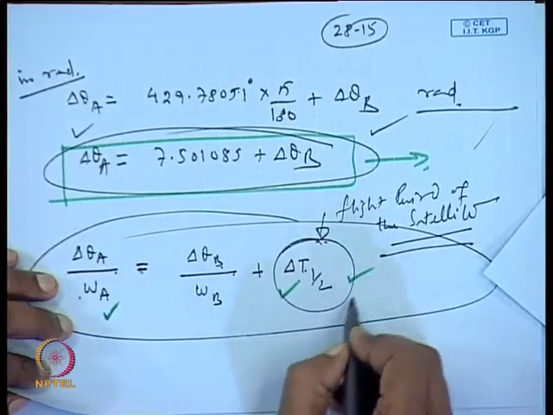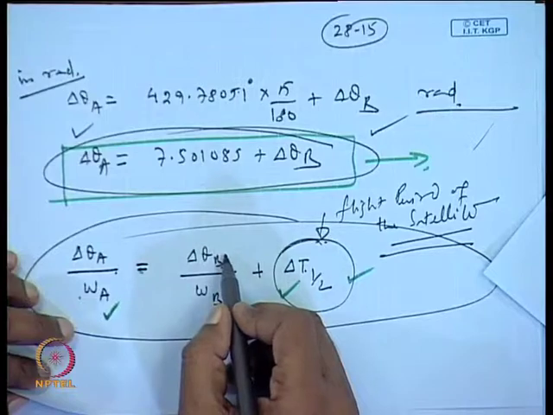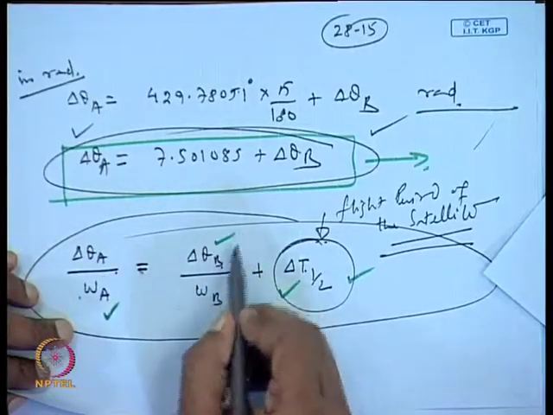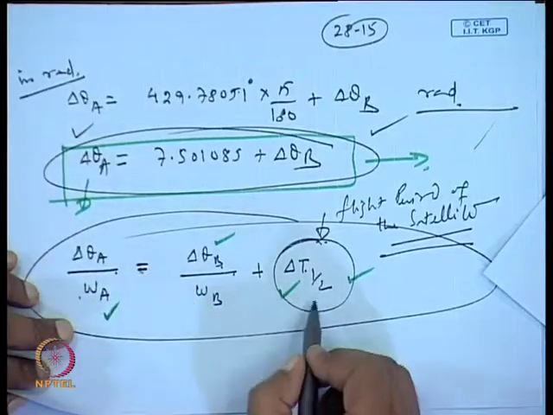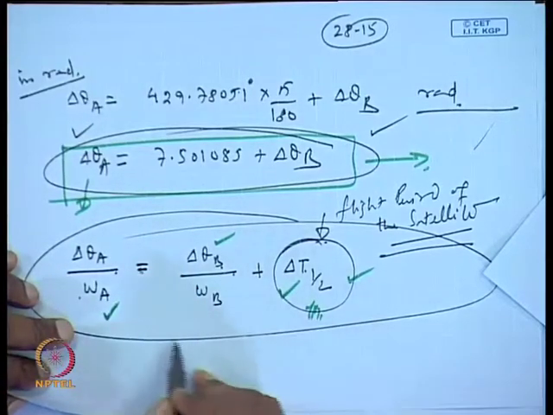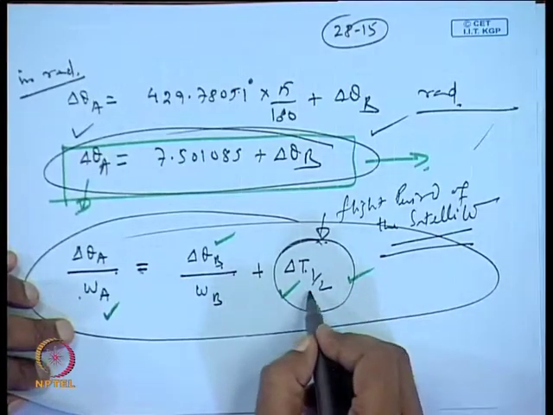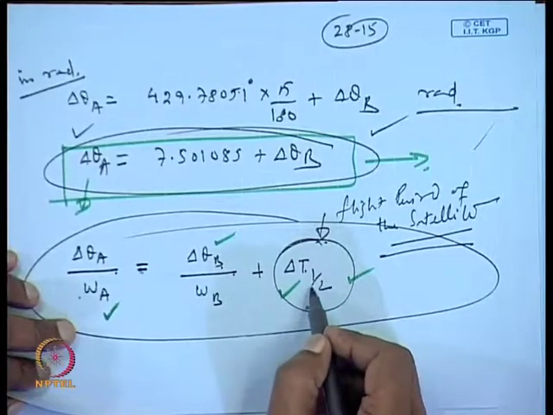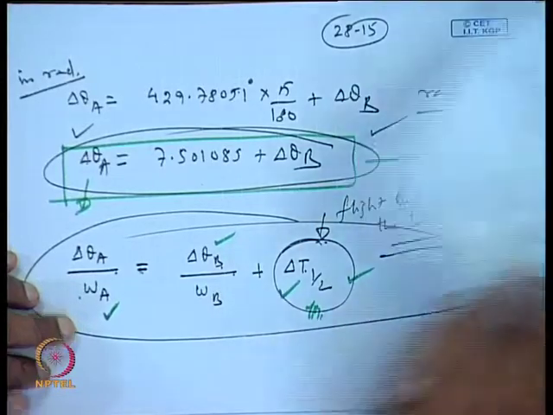That time we are indicating as delta t 1 by 2. Okay. So, these quantities we have already computed; delta theta b we need to work out. We have one relationship available, but this quantity is available to us. This is the half period of the satellite for moving in that elliptic orbit, and that is the same as we did earlier.